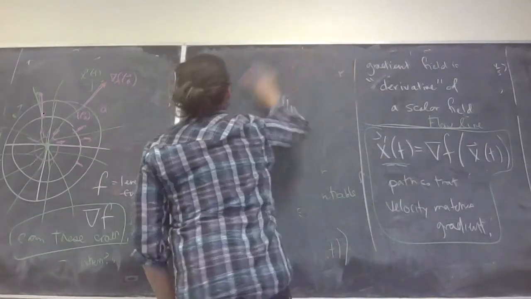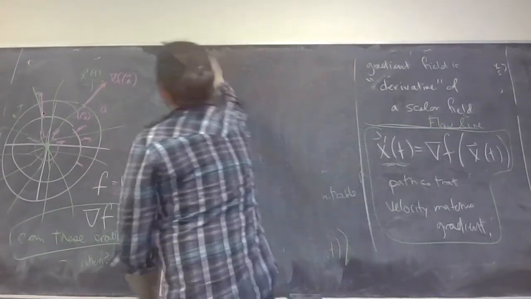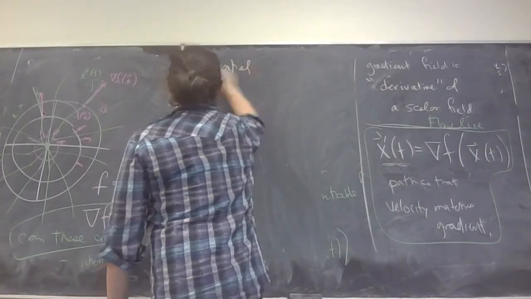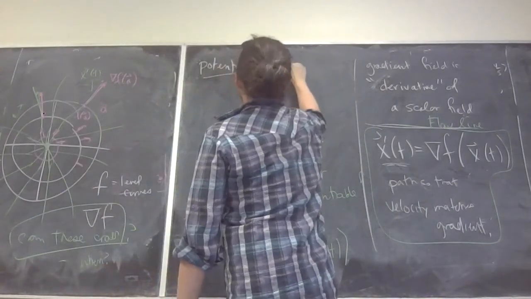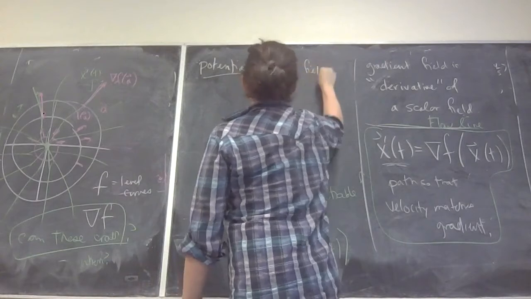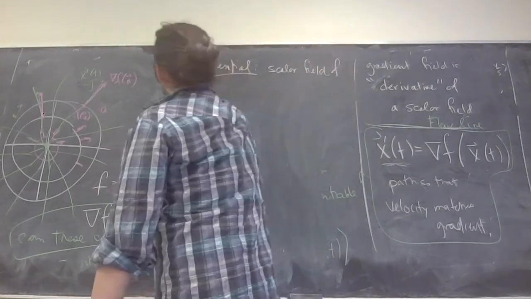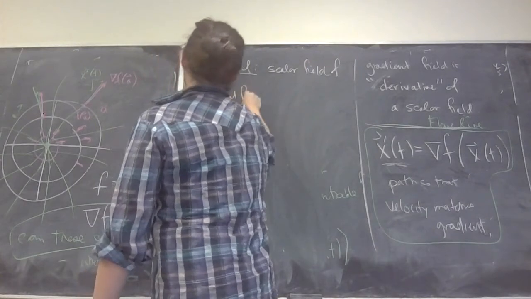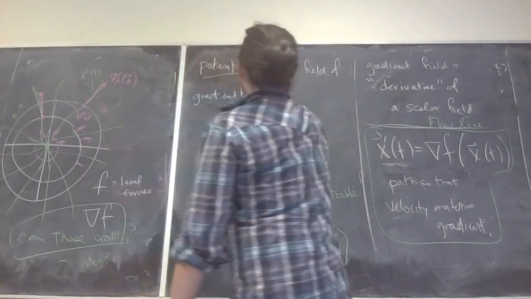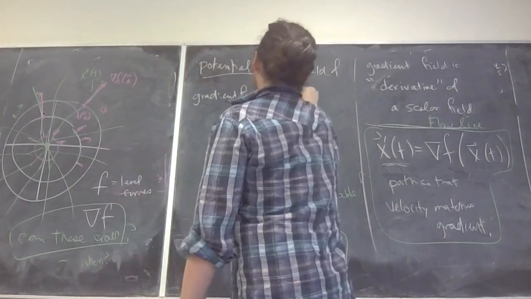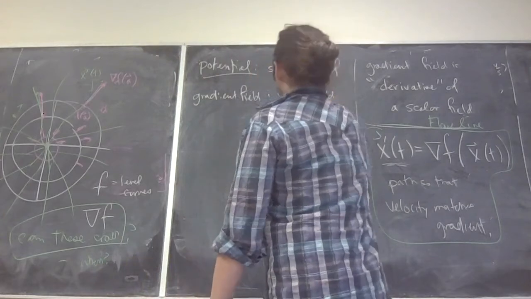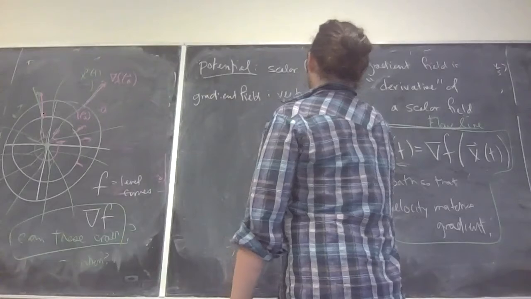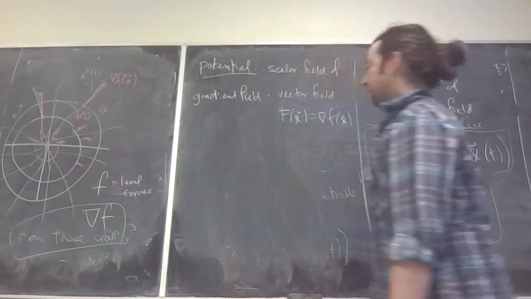Okay, so with the notion of flow lines, here's our three big objects right now. I'm going to define a potential, which is a scalar field, f. We have the gradient field, which is a vector field, we define as F of x equal to the gradient of f at x.